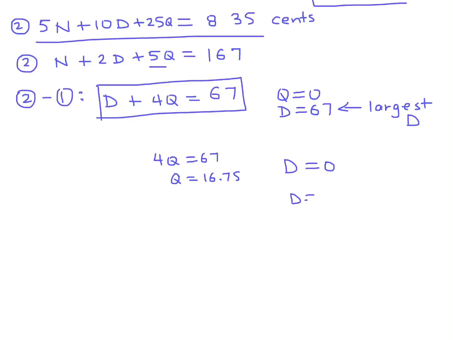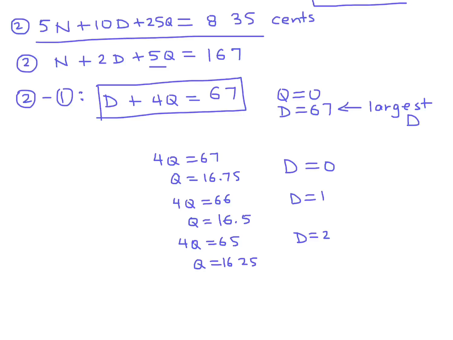All right, D equals 1. That would mean 4Q is now equal to 66, and again that's not going to give you an integer value. You can't have 16.5 quarters. And if D equals 2, 4Q would then equal 65, and 65 divided by 4 is 16.25.